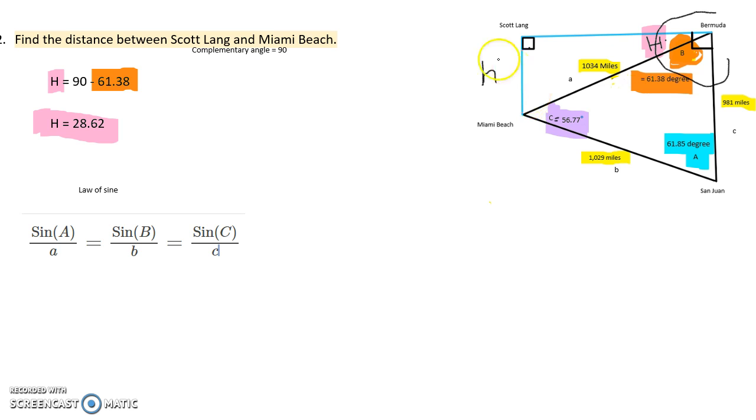So now let's solve for h, in which in this problem we would use the law of sine.